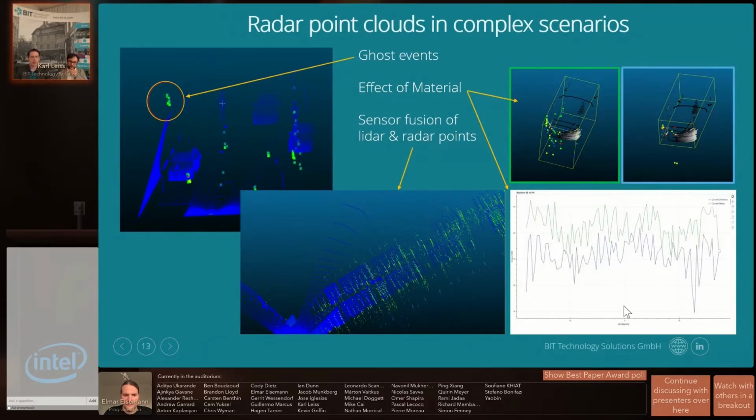Coming back to radar, now what is the speciality of radar, or what Matteo showed in the beginning? Yeah, the ghost effects you can see here, but fusing the data together, LiDAR and material, you have a huge amount of points finally, but still you want to be able to detect different materials. Let's say here a car with different front bumpers. One was made in this example out of a conducting plastic, and the other one is just a normal plastic, and you see the difference below in the graph of the RCS, depending on the view angle.